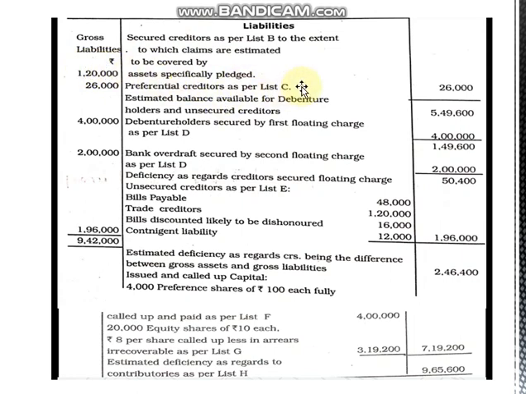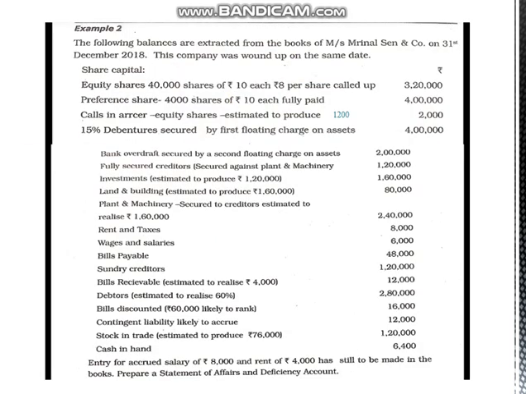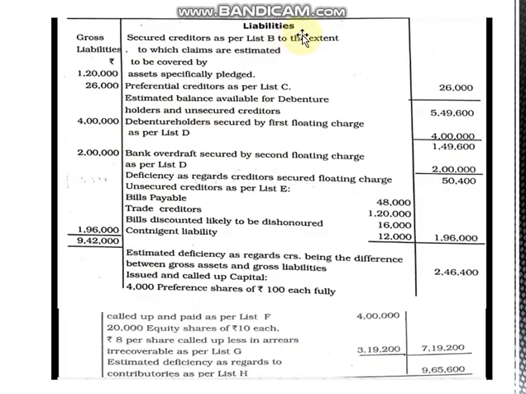Preferential creditors as per list C are the amounts which the company should pay off before its winding up or liquidation. The amounts are outstanding salary 8,000 plus 4,000 which is the rent, making 12,000 rupees, and here rent and taxes 8,000, wages and salaries 6,000. The sum total is 26,000, and you write this amount here and here also.